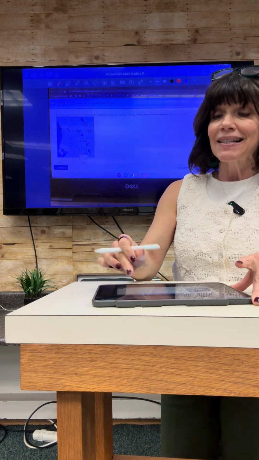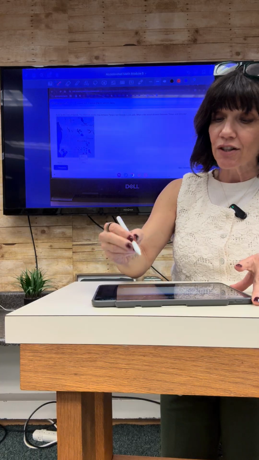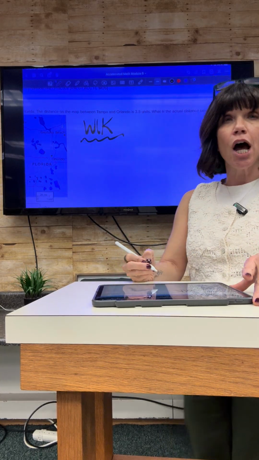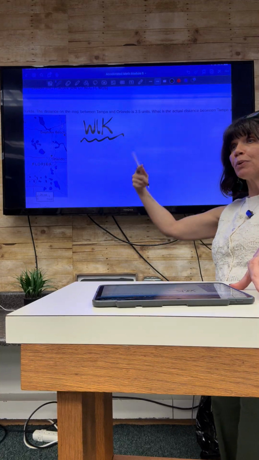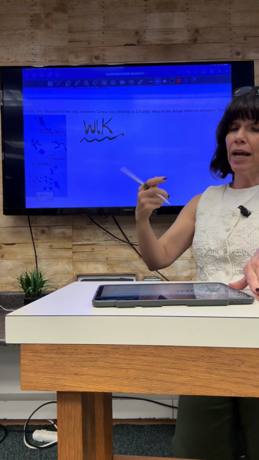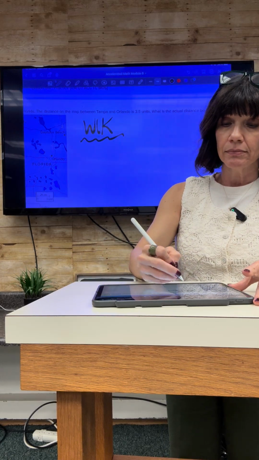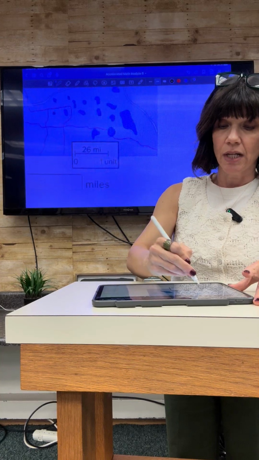Same map, same WIK. Let's go ahead and write the what I know ratio, blank miles per blank unit. Raise your hand if you know what everyone should be writing right now. Okay, go ahead, sir. I'll give you a hint.